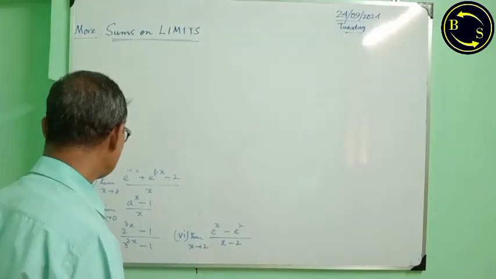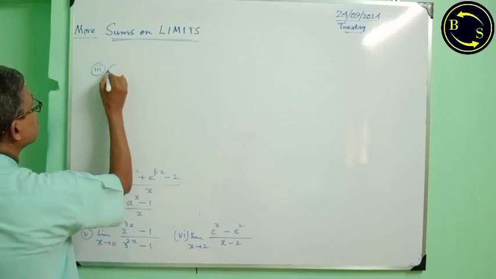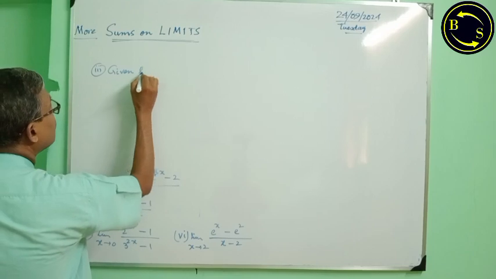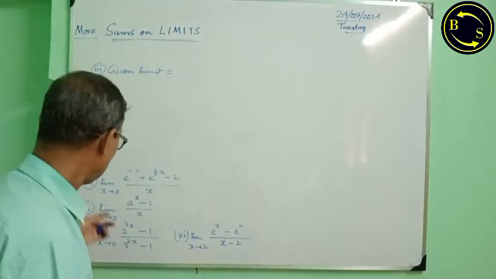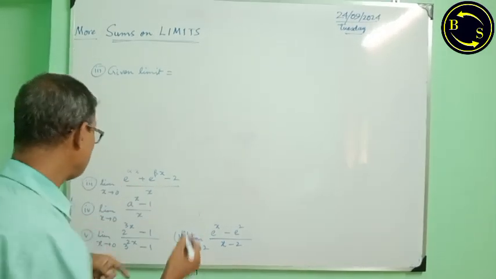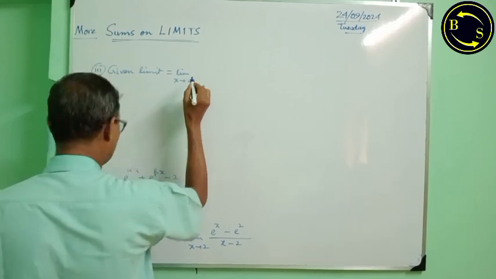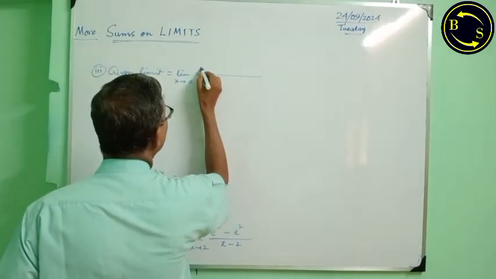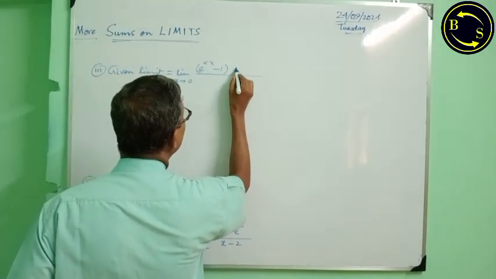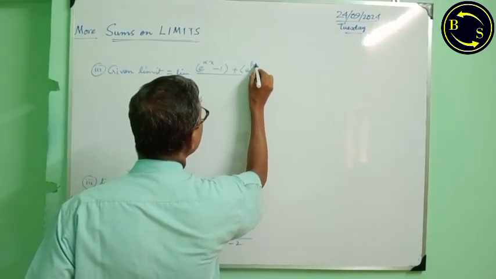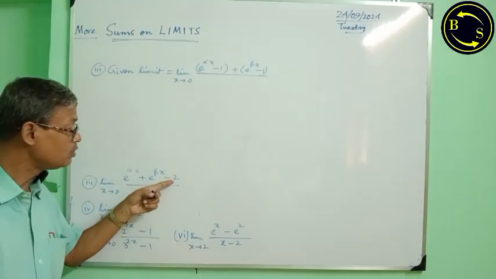Move to sum number 3. Given limit is equal to, I first write the numerator like this, limit x tends to 0 e to the power alpha x minus 1 plus e to the power beta x minus 1. At the numerator there is minus 2.